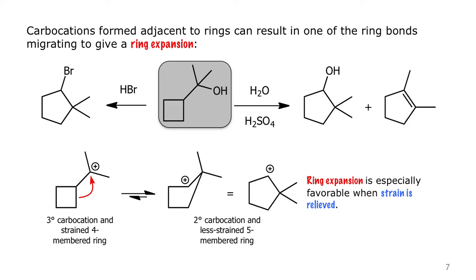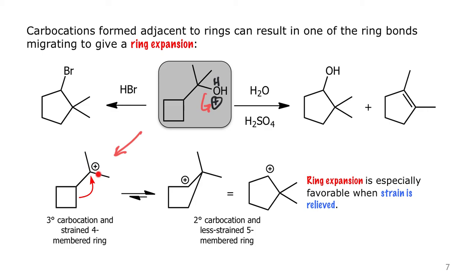Well, in each case, these are acids, HBr and H2SO4, and so in both cases, we can get protonation of the hydroxyl group to form an oxonium ion, and then that allows ionization to occur to form a carbocation. And so the initially formed tertiary carbocation looks perfectly fine.